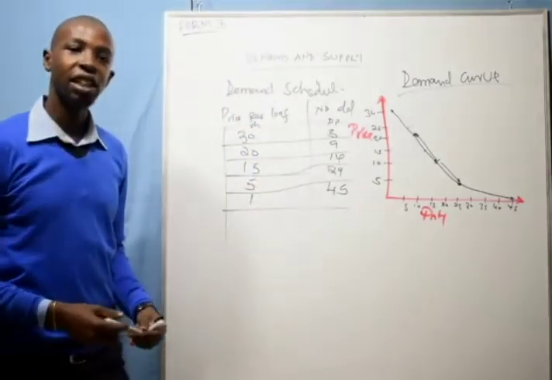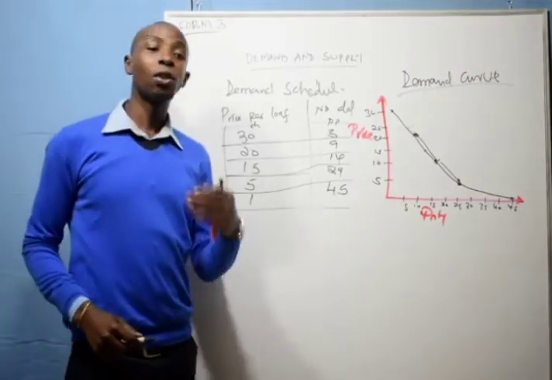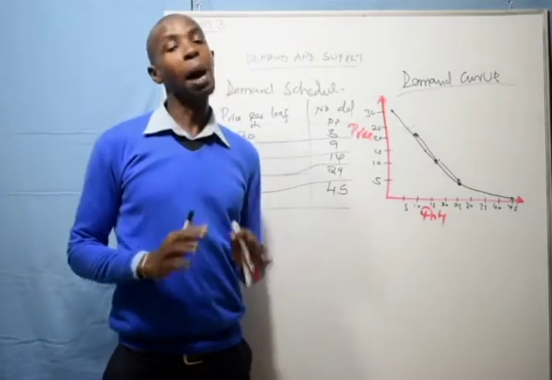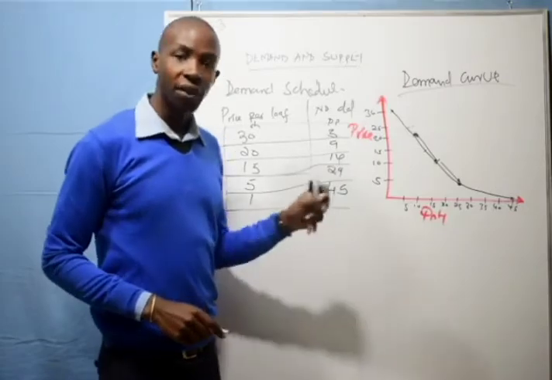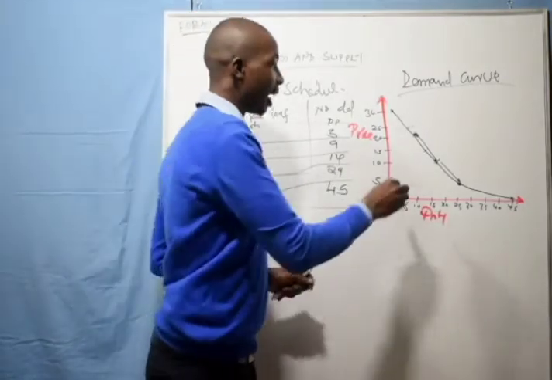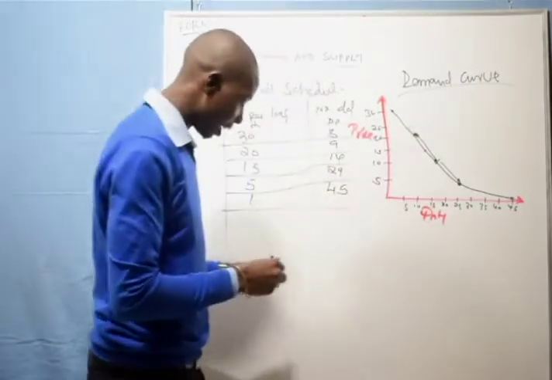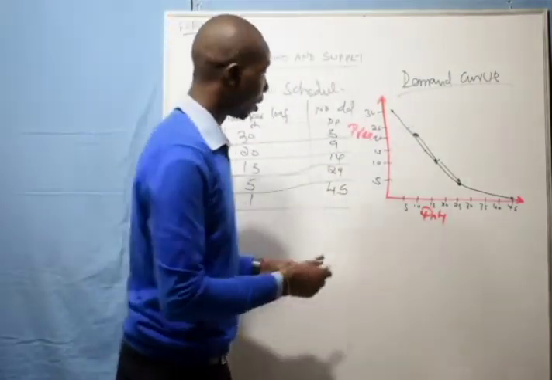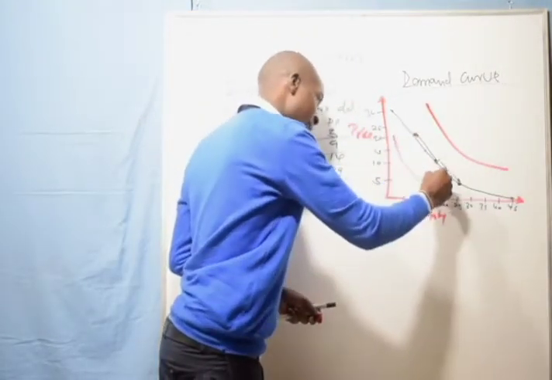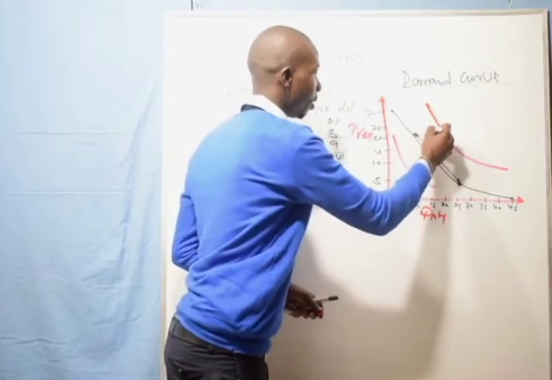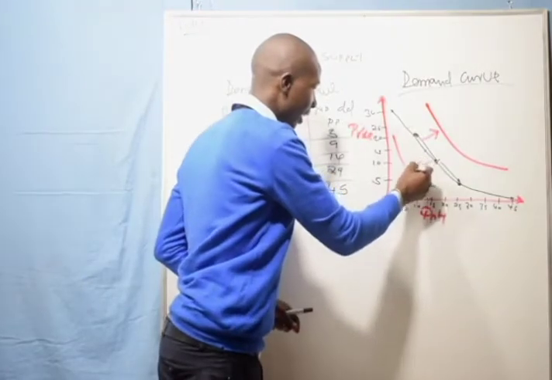Let's see the shift in demand curve. A shift in demand curve is caused by any other factor apart from the price factor. So a shift in demand curve is going to happen either upwards or below. For example, I can have another curve here and another curve here. This one is an increase and this one is a decrease.